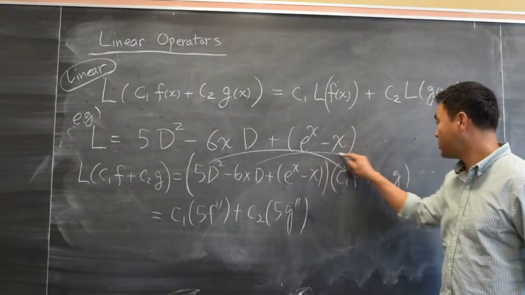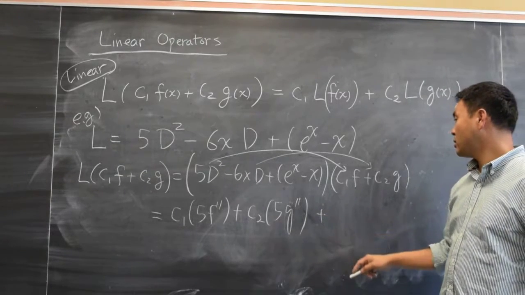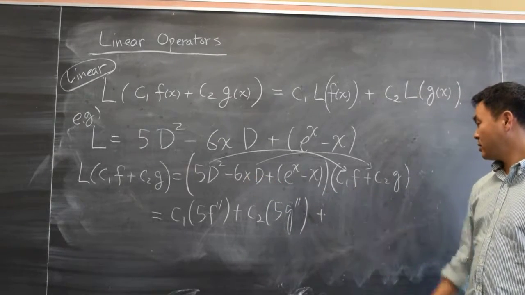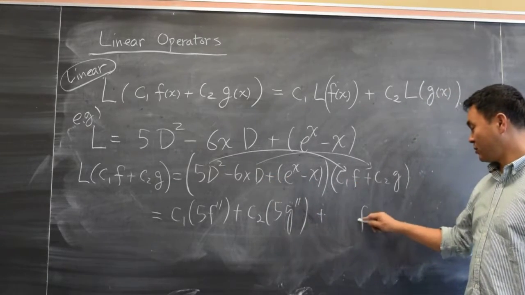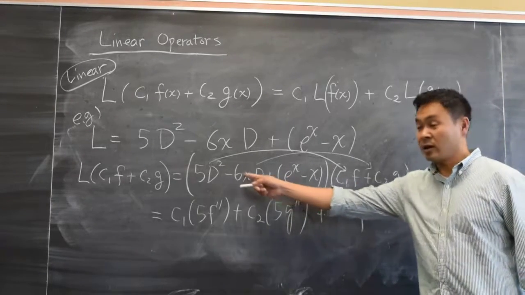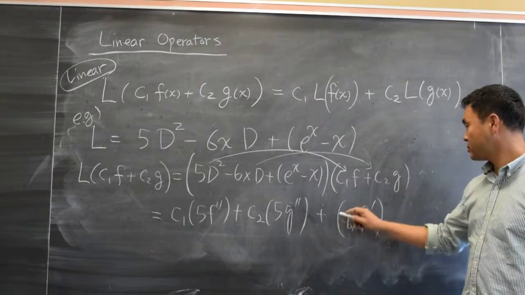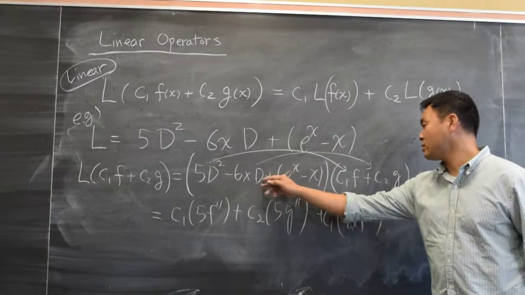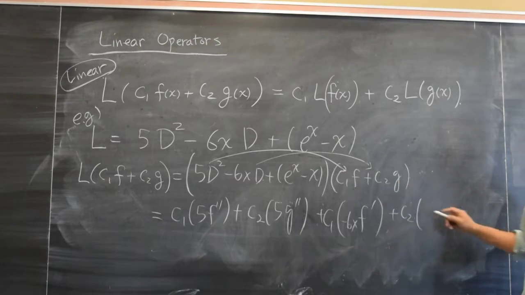Now how about this one? Plus, if negative 6D hits this one, first D hits f, so you differentiate once, and negative 6x is multiplied. And then negative 6xD, when it hits g, you differentiate once and you multiply by negative 6x.